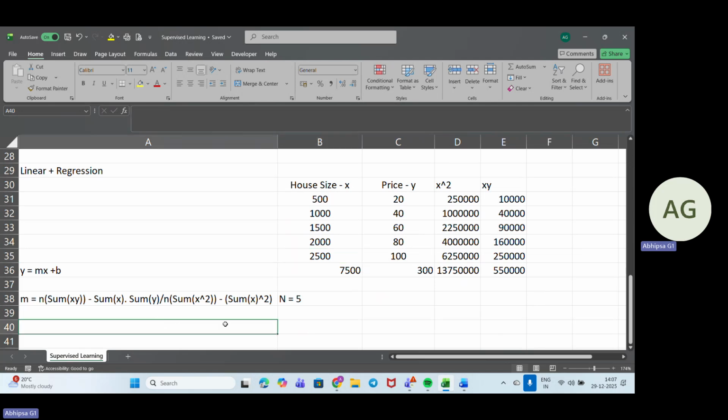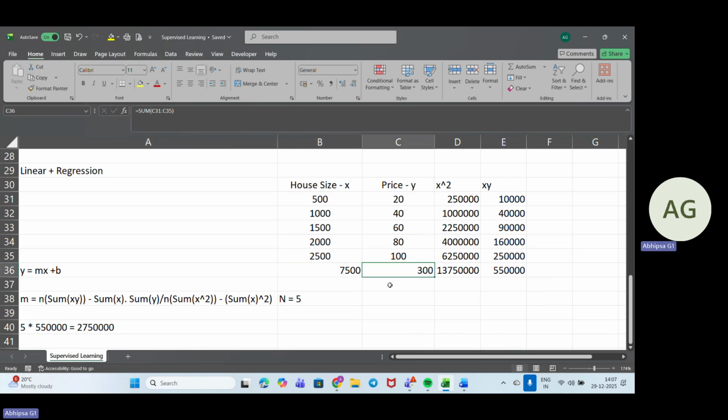So we will be doing here 5 into 55 with 4 zeros, so my result would be of course 275 with 4 zeros, right? And next we have to do sum of x and sum of y.